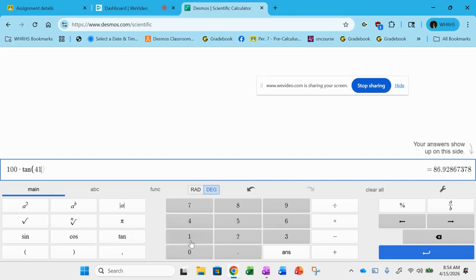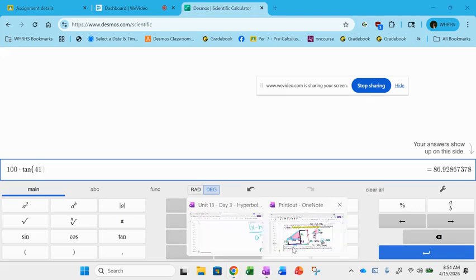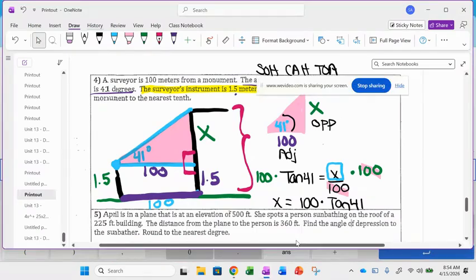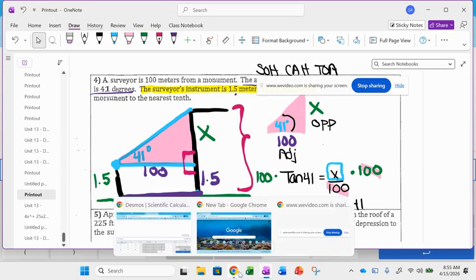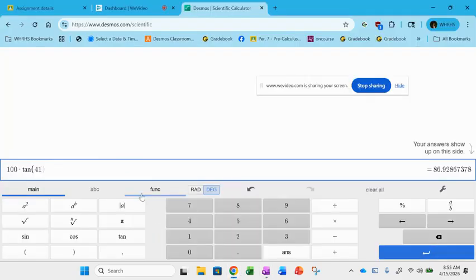Is this my answer? No, this is not my answer. Why is this not my answer? Go back to the problem. X wasn't good enough. We needed to find X and then do what with it? Add what? 1.5. So in your Desmos, just as it is, you're going to close those parentheses, and then you're going to write plus 1.5.